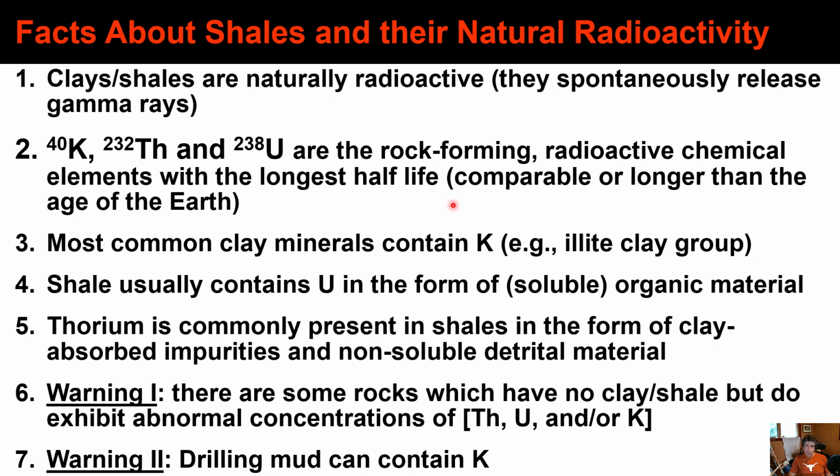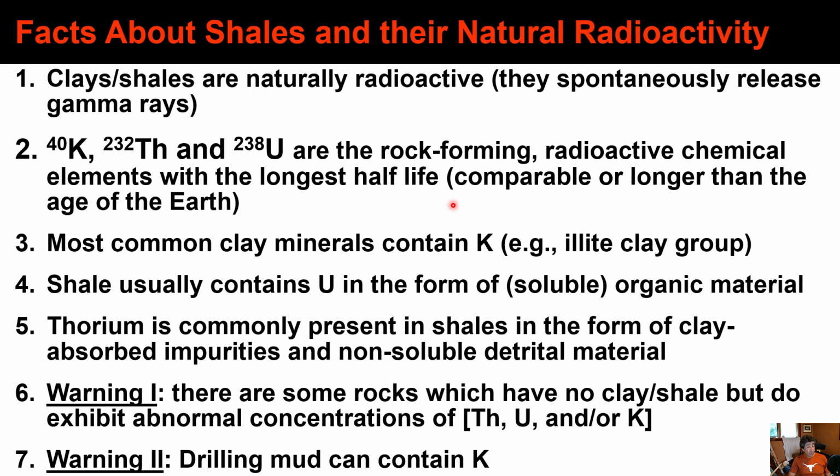Similar with thorium, we know that it exists in shales in the form of non-soluble absorbed impurities and also in the form of detrital material. Now, those are the three radioactive elements that we're going to focus on for the production of the gamma ray log. And those are the three radioactive elements for which the system that acquires the gamma ray logs has been designed.